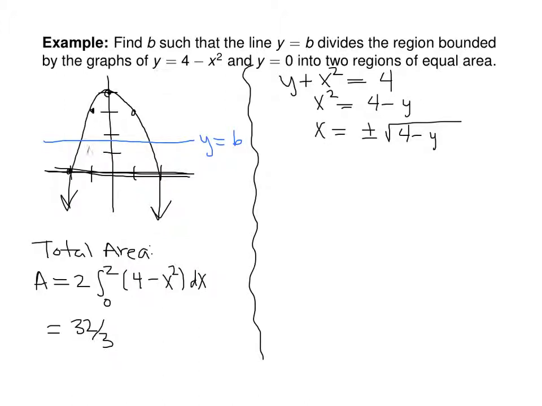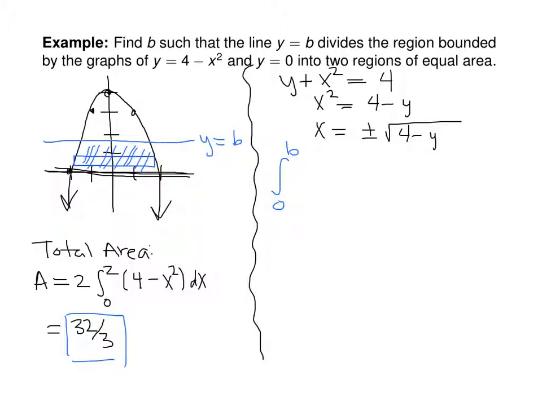Now what I'm trying to solve, I need to find a b such that this area is equal to half of this. So the way that I would find that blue area is to integrate, thinking sideways, I'm slicing this way. My lowest y is 0. My uppermost y is b.